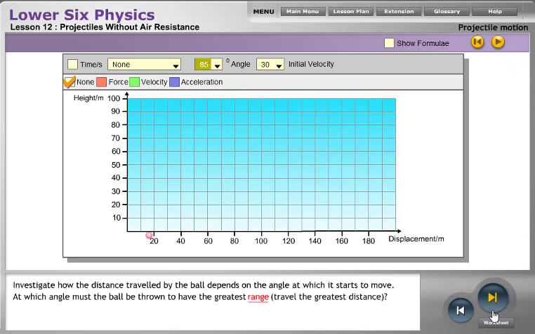Investigate how the distance traveled by the ball depends on the angle at which it starts to move. At which angle must the ball be thrown to have the greatest range?